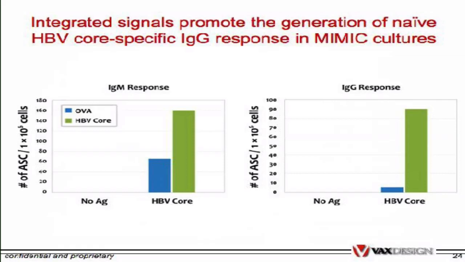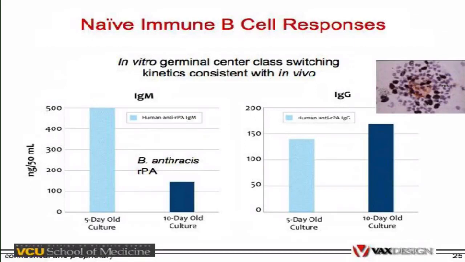So we do have the mechanisms in place to show that we're indeed having class switching. And that's exactly what this particular slide is, only it happens to be against bacillus anthracis recombinant protective antigen that we were using as our antigen of choice.